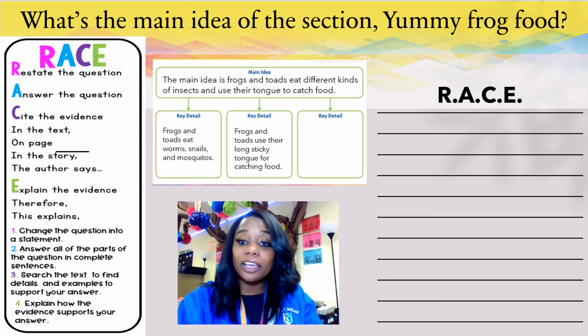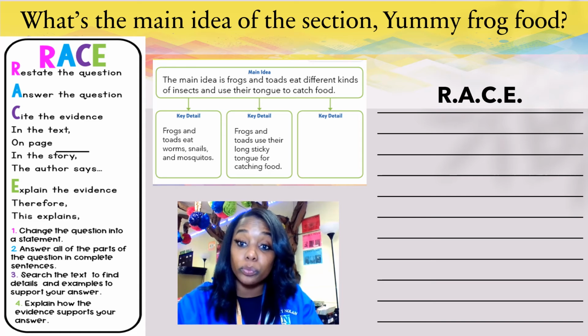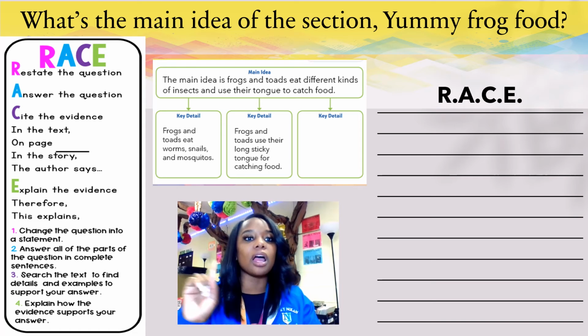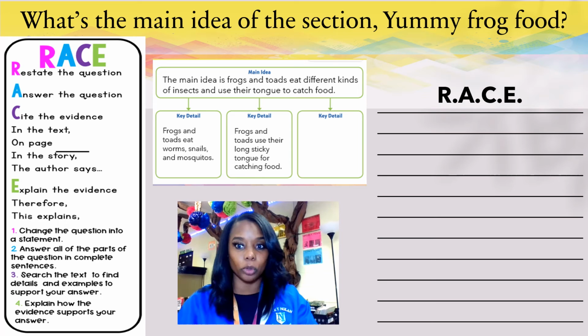So, now that we've used our graphic organizer, our box and bullets, to determine the main idea and key details, let's look back at our question, what's the main idea of the section, Yummy Frog Food, to answer it using the RACE strategy. So, our RACE strategy, our R tells us to restate the question and A tells us to answer the question, okay?